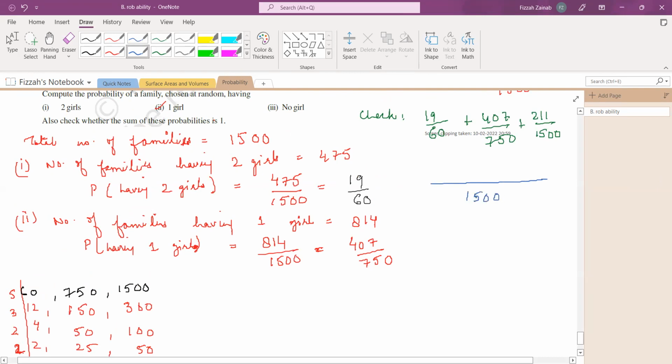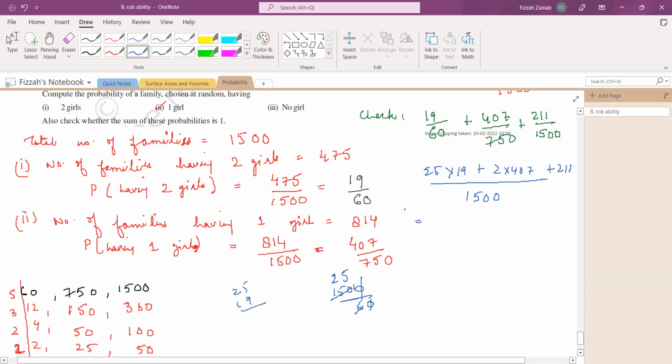Now, how many times will it go in 60? Divided by 60. So 6 into 25 is 150, right? So 25 into 19 I'll get here. And 750 into 2. So 2 into 407 and plus 211. So now multiply 25 with 19.